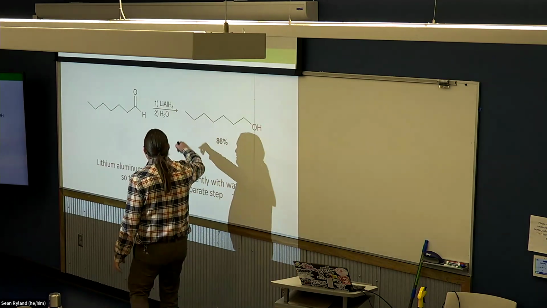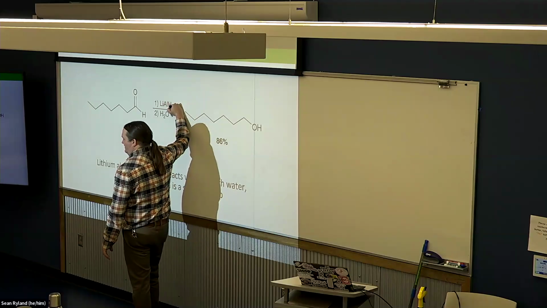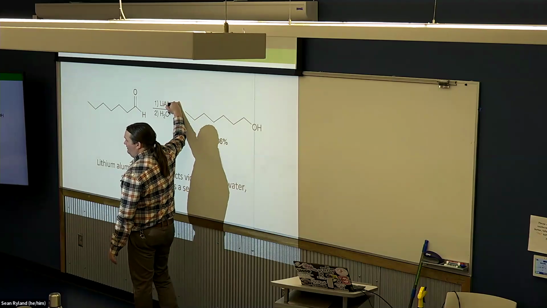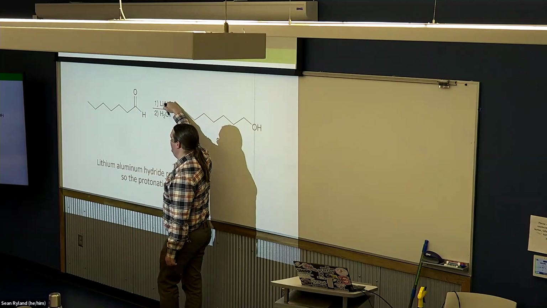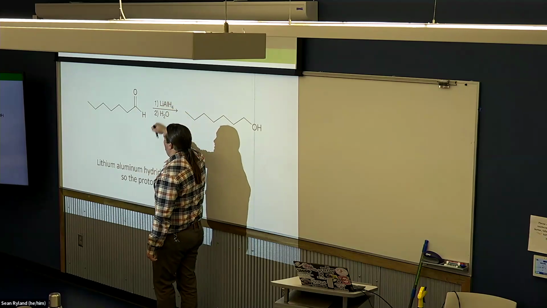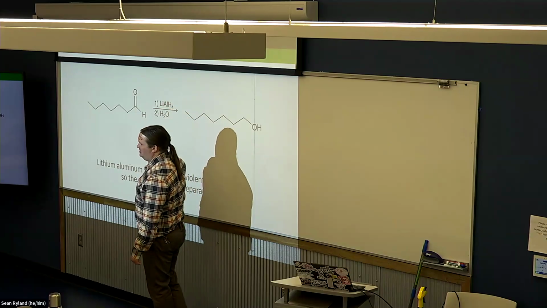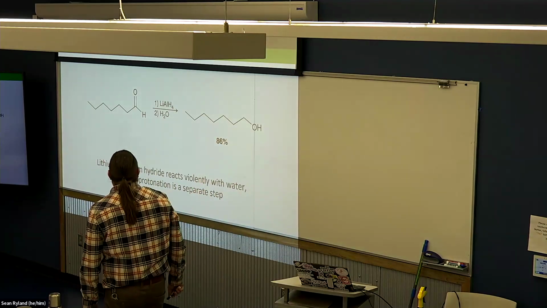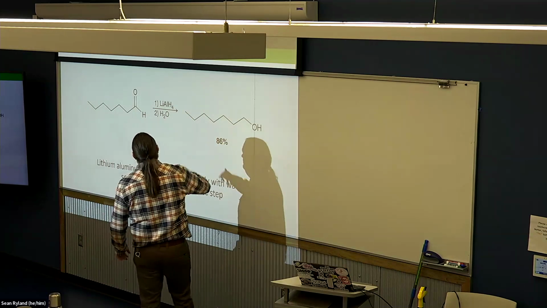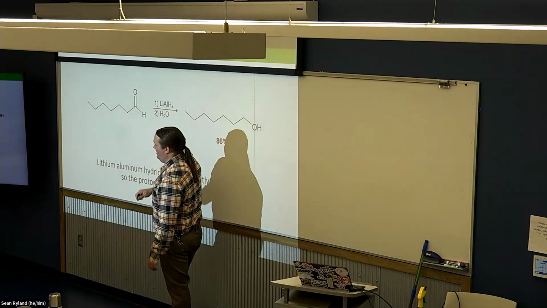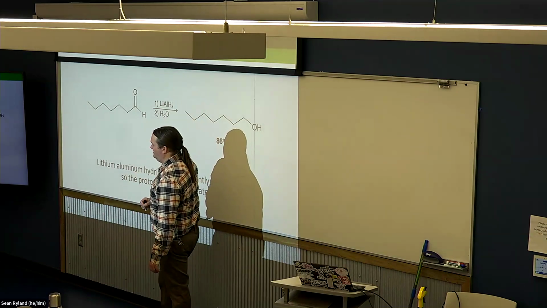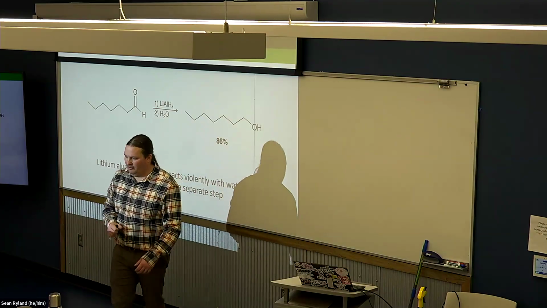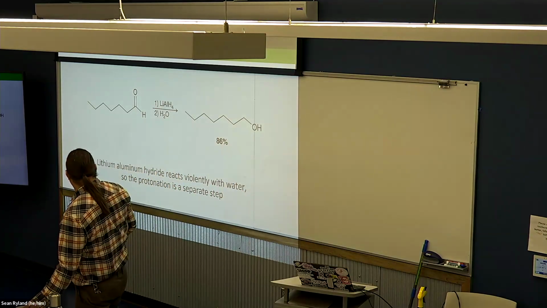Lithium aluminum hydride is way more reactive than sodium borohydride. They're both hydride sources, but this one is much stronger. So you actually can't let it be exposed to a protic solvent. If you let it interact with a protic solvent, you wind up just making hydrogen gas instead. It basically steals the hydrogen from the protic solvent.